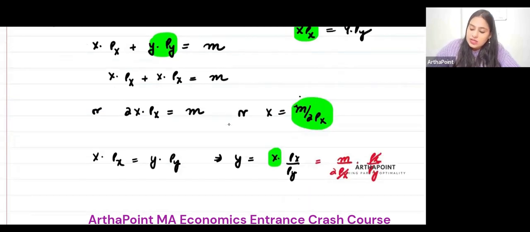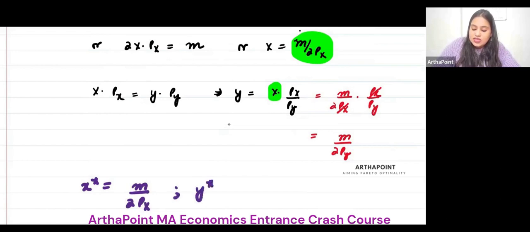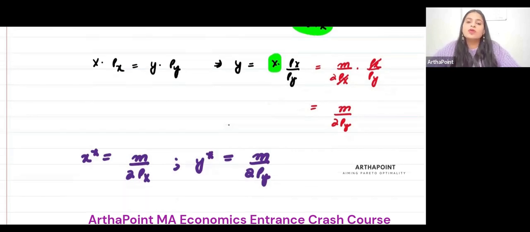So your answer is going to be M by 2PY. So what you will get? You will get X star as M by 2PX and Y star as M by 2PY. This will be your final equilibrium.